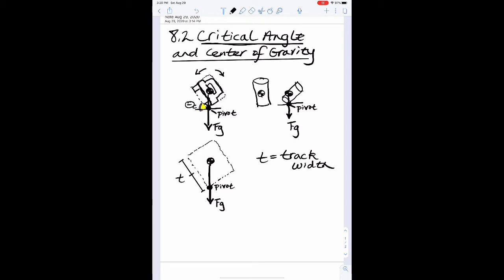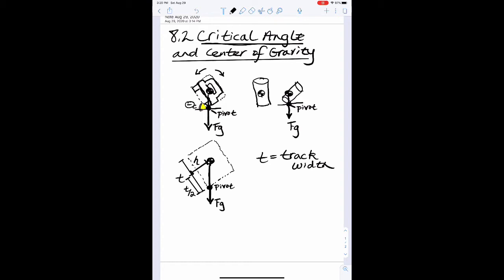So if I draw that right there, this distance is T over 2, or 1/2 T. And the reason that's so important is because we also know that this distance is the height of the center of gravity. So I'm going to call that H.